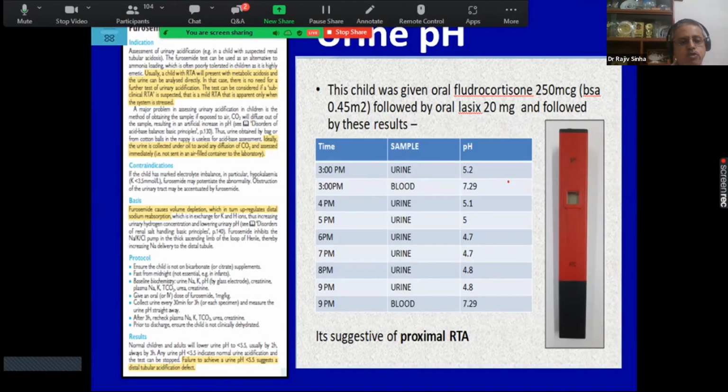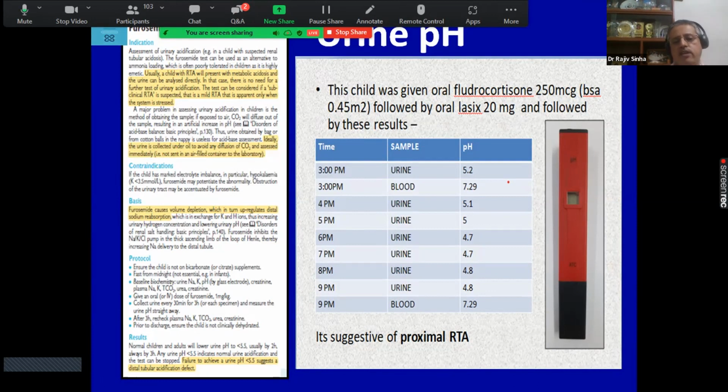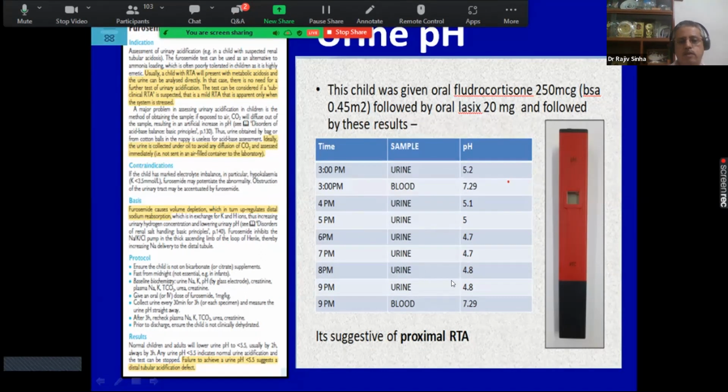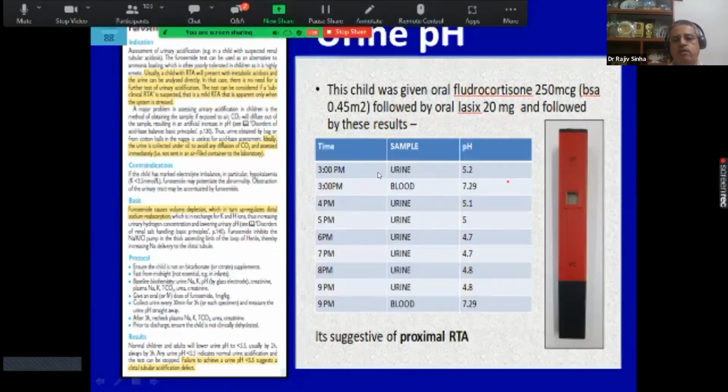What furosemide does is that it upregulates the distal sodium reabsorption, making the environment of the distal tubule ideal for acidification. And after giving furosemide, if your urine pH fails to fall below 5.5, it is distal. If it falls below 5.5, it is proximal. And an example of a furosemide acidification test that we did recently in one of our babies is shown here.